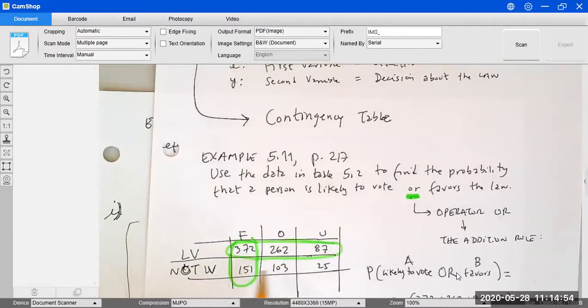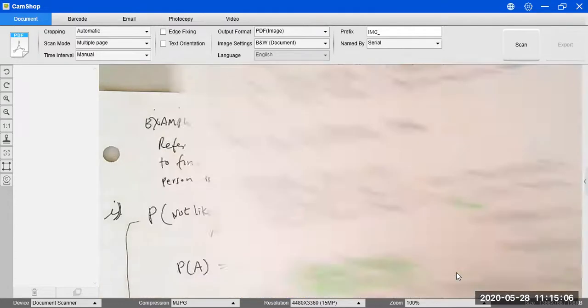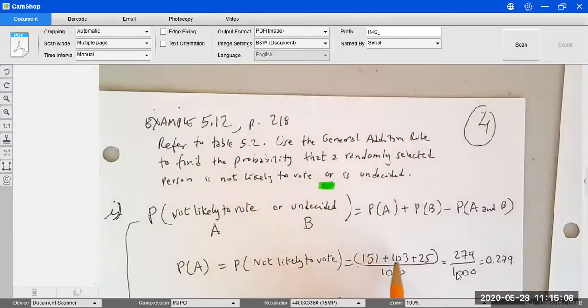So these three frequencies are the ones corresponding to a person not likely to vote. So I'm going to add up 151, 103, and 25. If you add up these three values and divide by 1,000, you're going to get 279 over 1,000, which is 0.279. So that's the probability of event A.